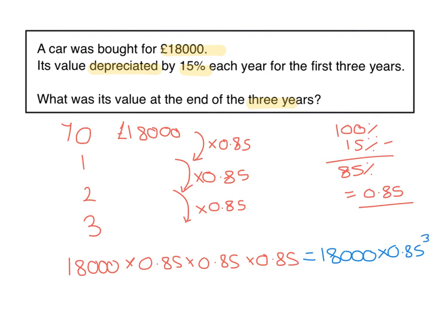So I'm going to pop that on my calculator. 18,000 times 0.85 to the power of 3. And I get £11,054.25.